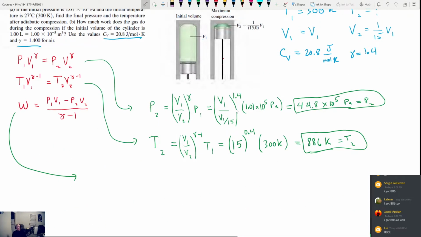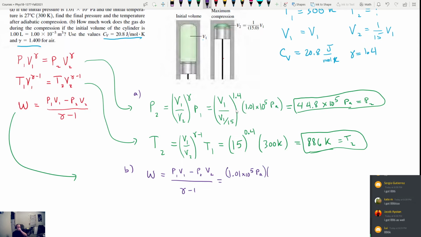Okay, so then we have, let's do a different color for this. This is part B, this was part A. So work equals P1V1 minus P2V2 over gamma minus 1. P1 was 1.01 times 10 to the 5th pascals times V1.